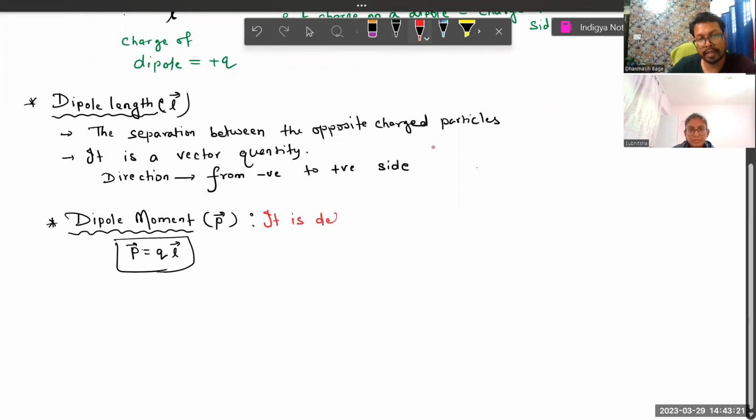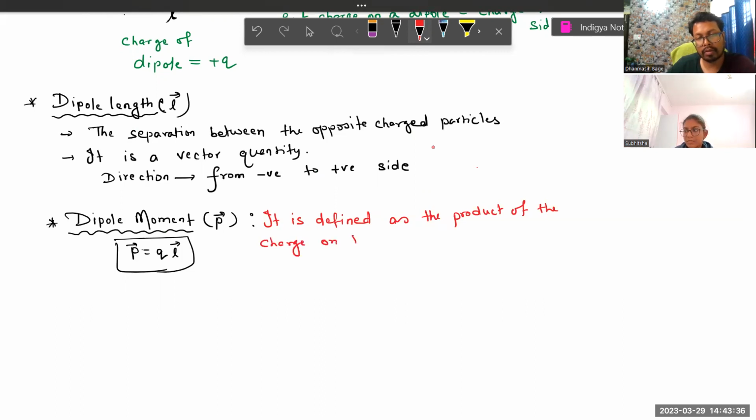It is defined as the product of the charge on the dipole and the dipole length.